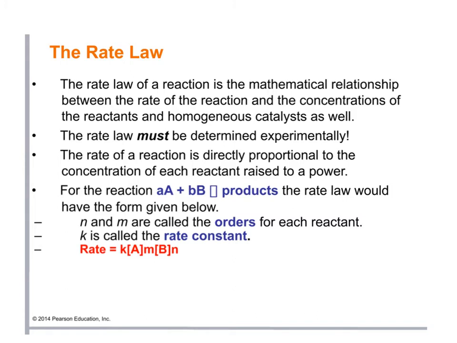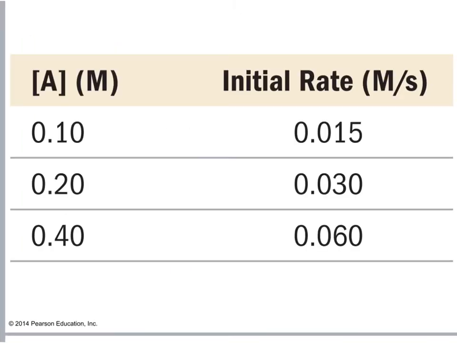Now, the power, right, is called the order of the reactant, and then there's also a constant involved, right, that is part of describing the rate. And so down here in red is the rate that is equal to that constant times the concentration of A raised to some power m, the order, times the concentration of B raised to some power n. Now, these can be any number, including 0, right? So in other words, they can not have any effect on the reaction rate.